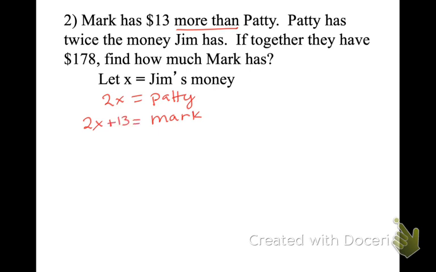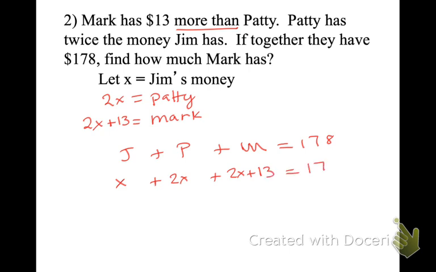Now, how much do they have altogether? Let's just put this all together. Together they have 178, so we're going to have to do Jim plus Patty plus Mark equals the 178. And now we're going to put their algebraic symbols. So if Jim is x and Patty is 2x and Mark is 2x plus 13 equals 178. So that's 3x.